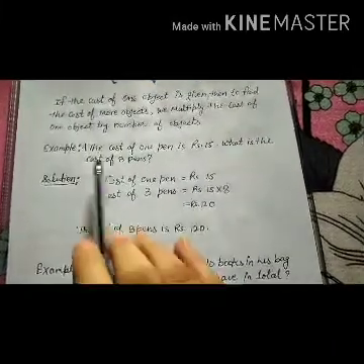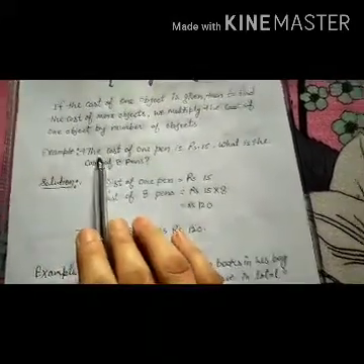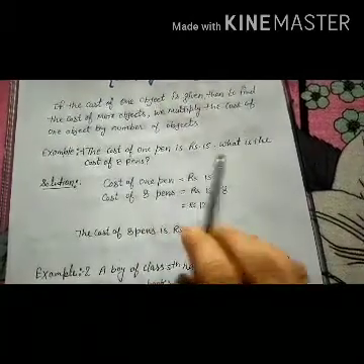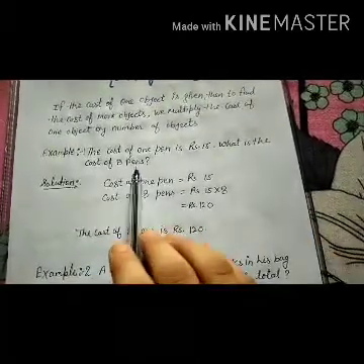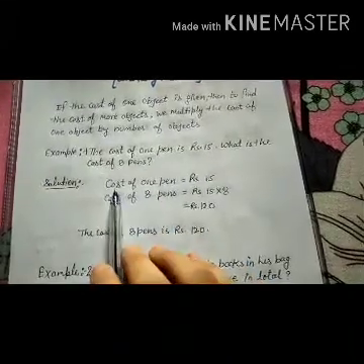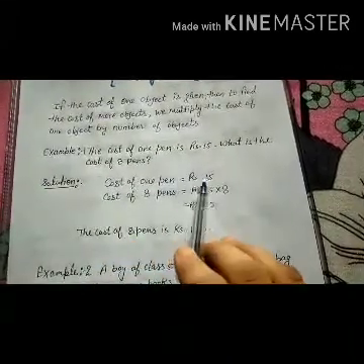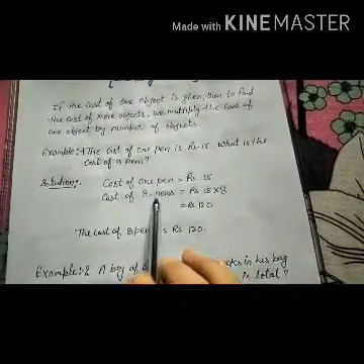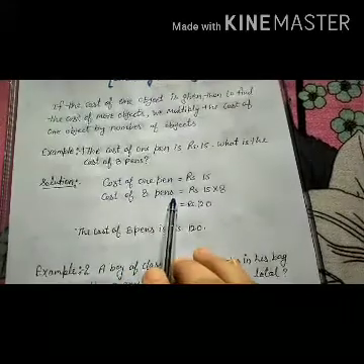Let's take an example. The cost of one pen is rupees 15. What is the cost of 8 pens? Now what will we do? We have the cost of one pen equal to 15. This is the cost of one object, and the cost of 8 pens we need to find out.